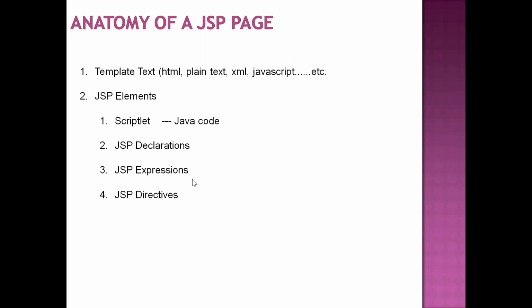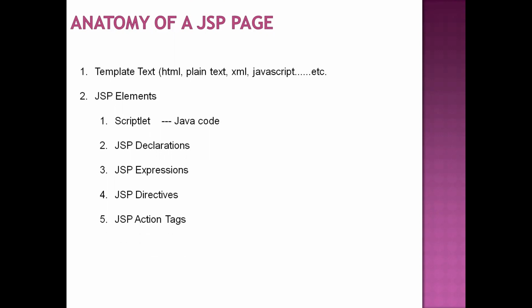Now JSP directives. JSP directives are just instructions given to the JSP compiler. Suppose at the time of JSP page processing you want to include any contents for processing purposes, then you can supply them by using JSP directives. Next one is JSP action tags.